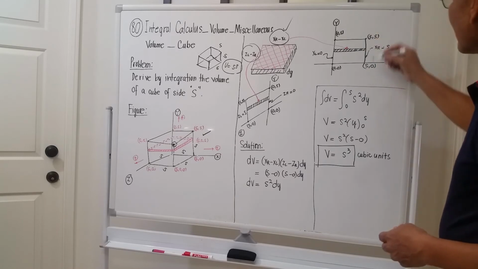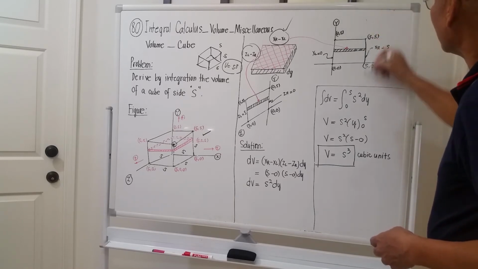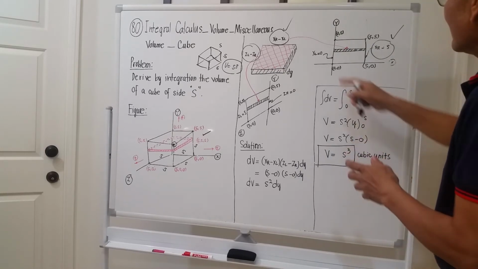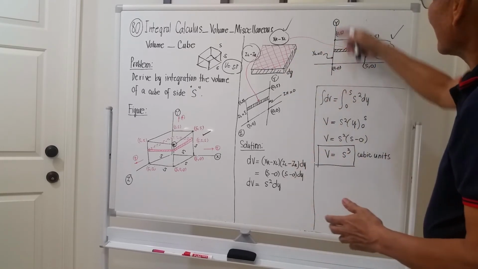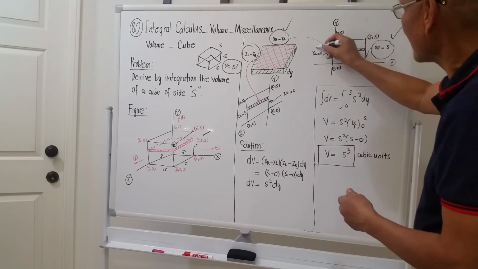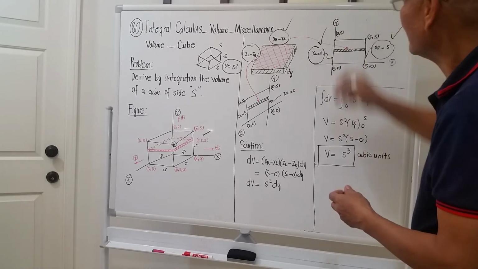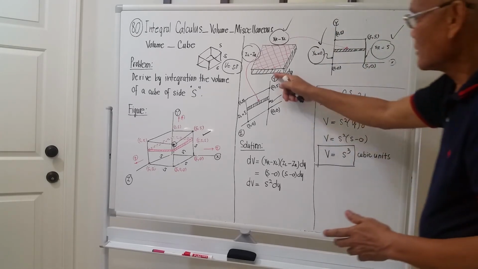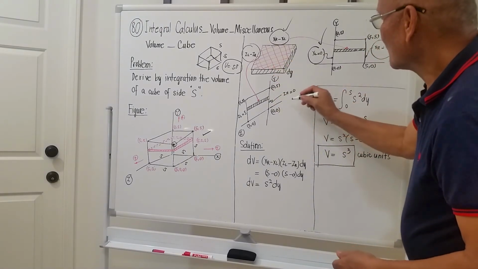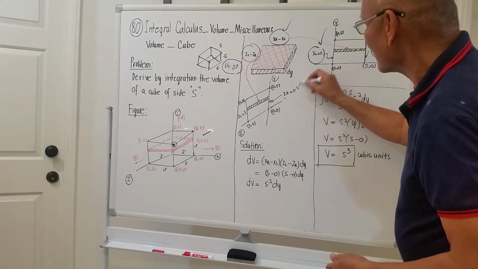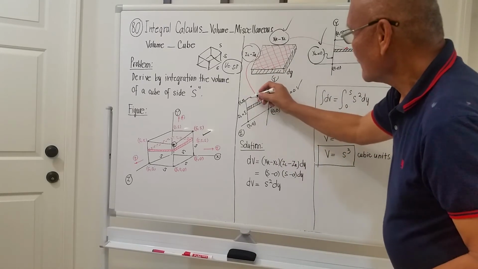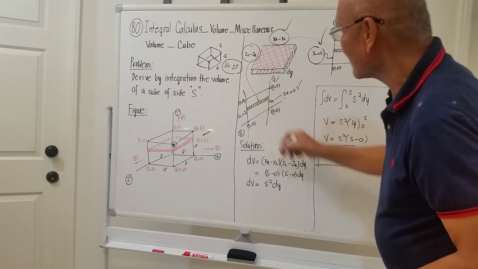In here, XR is actually a vertical line, and the equation is XR equal to S. The abscissa on the left is also a vertical line, and luckily, it coincides with the y-axis. So the equation is actually XL equal to 0. Considering the YZ plane, this is a vertical line also, and the equation of this is ZR equal to 0. It coincides with the y-axis. And this side here is also a vertical line.